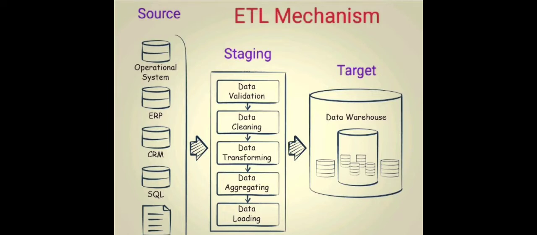Then data cleansing: here we apply all cleansing rules like trimming, removing unwanted characters or unwanted spaces, whatever it is. And data transforming: transforming the data as per business requirement.